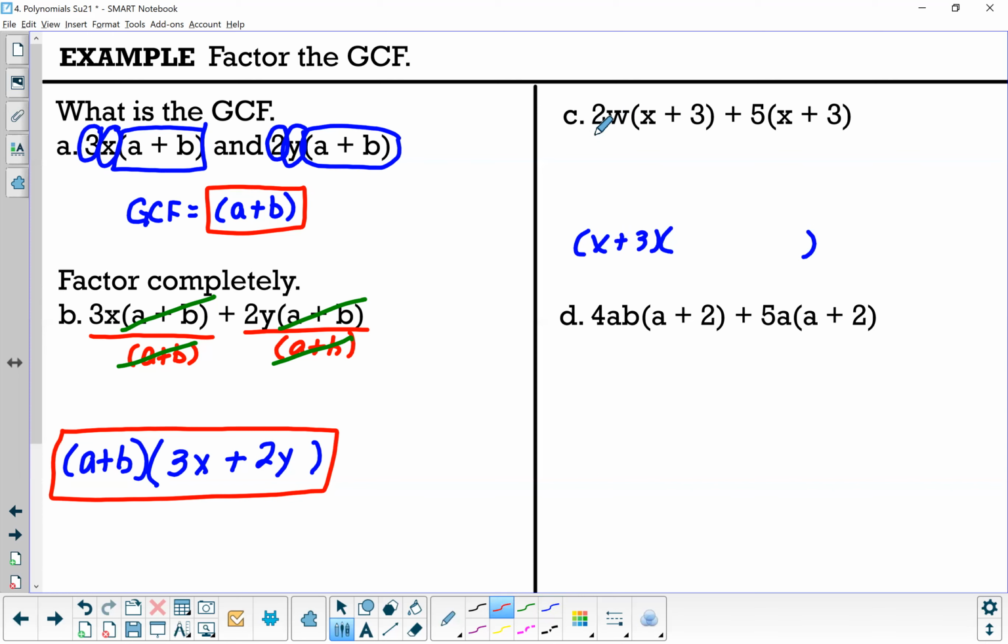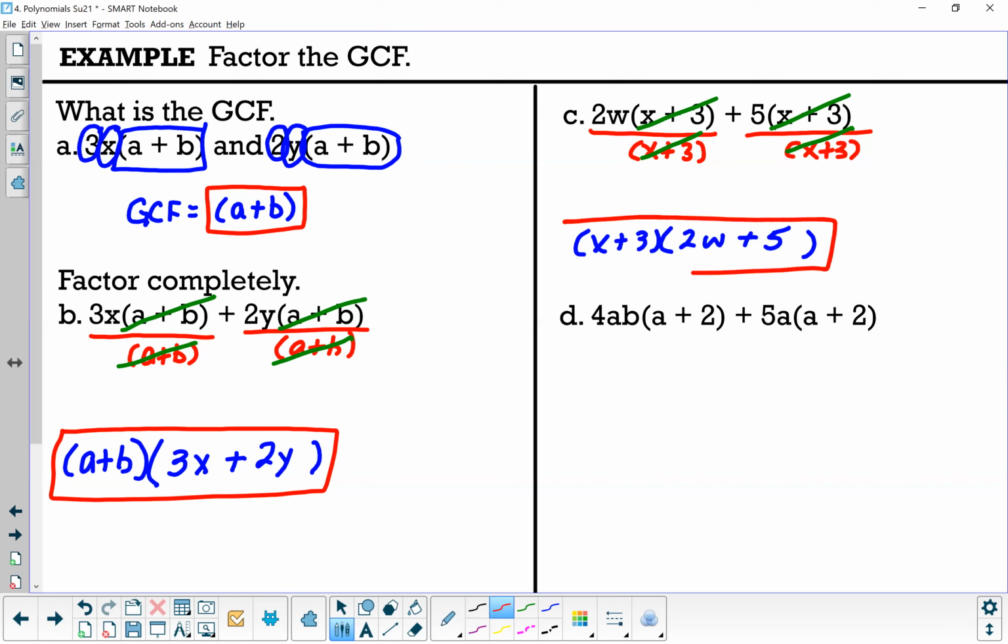So I'm going to divide each product by x plus 3. So what is remaining is 2w plus 5 as our second factor. All right, so there we go. We have completely factored that expression.